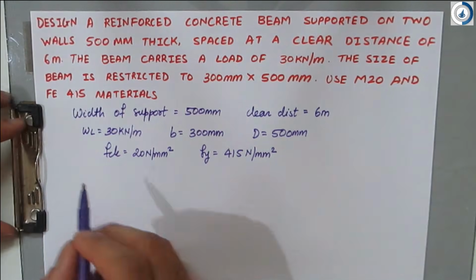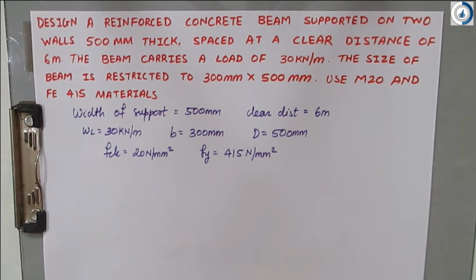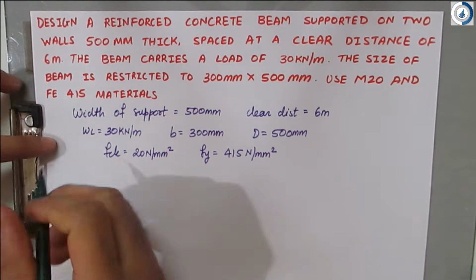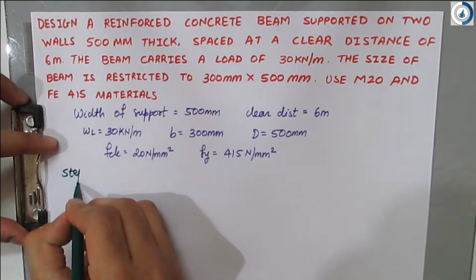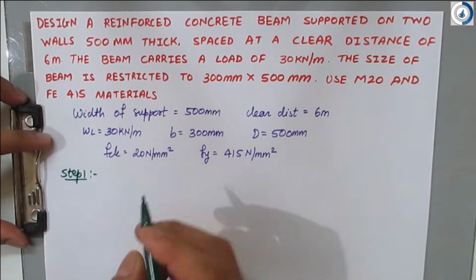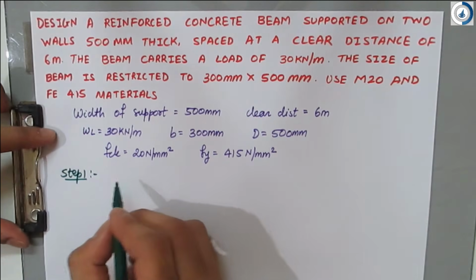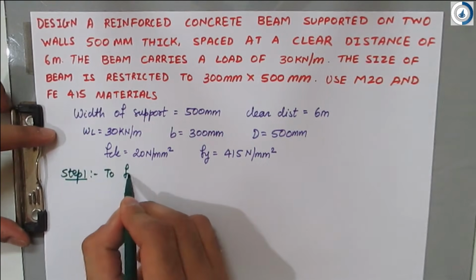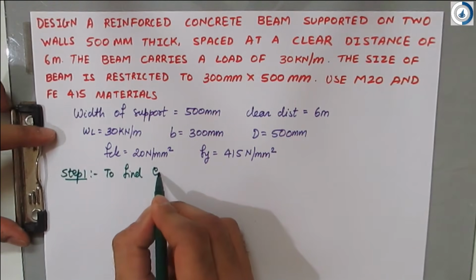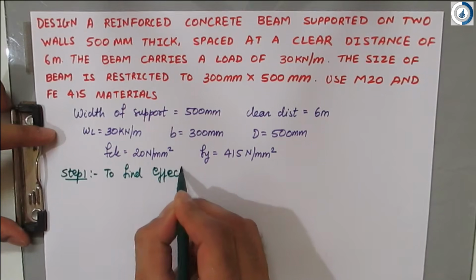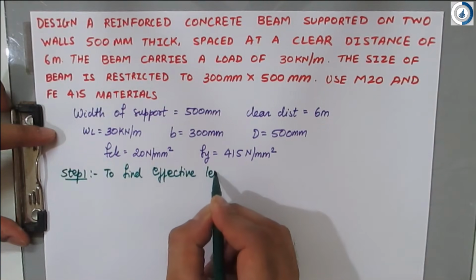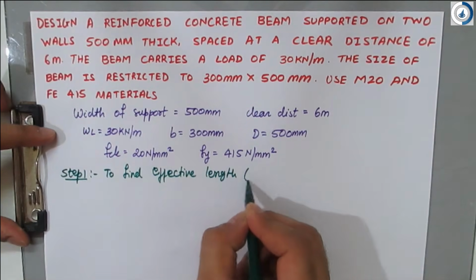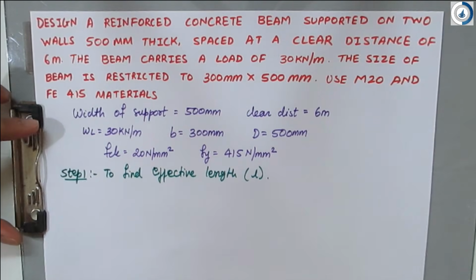Step 1: to find the effective length, that is small l. This is the first step.